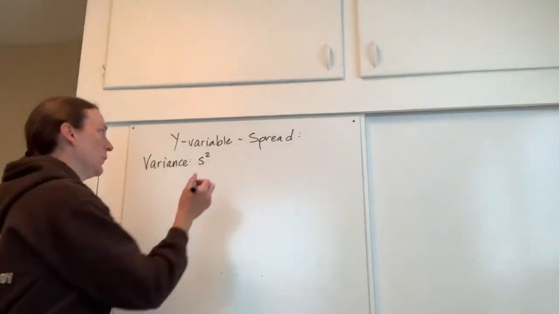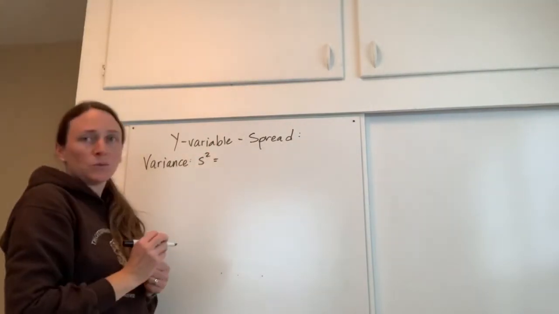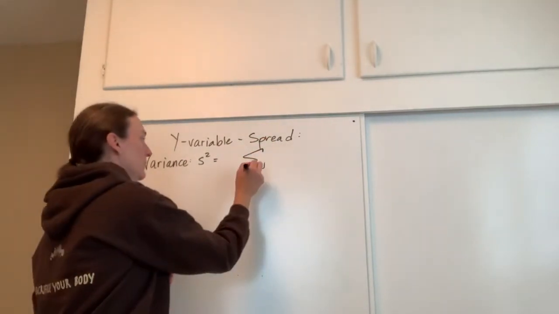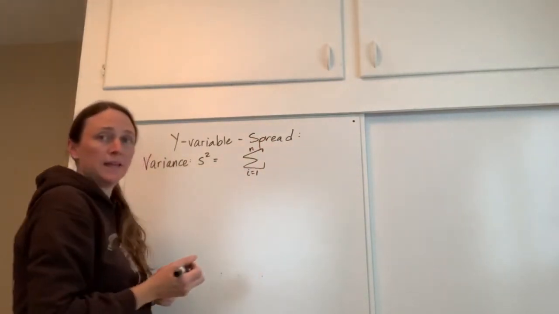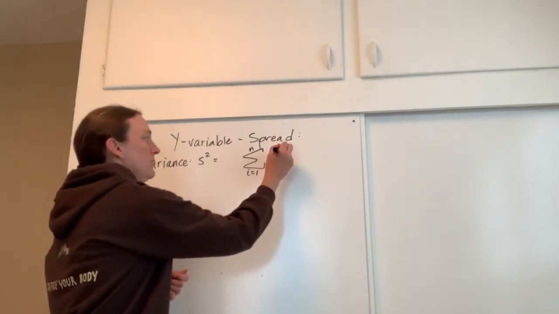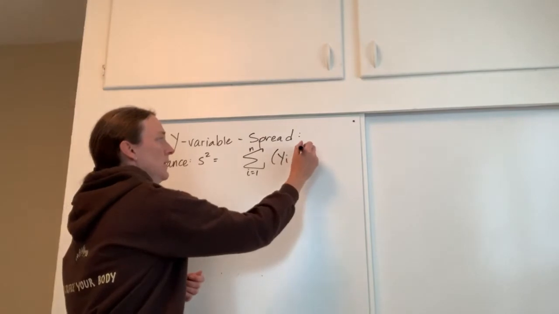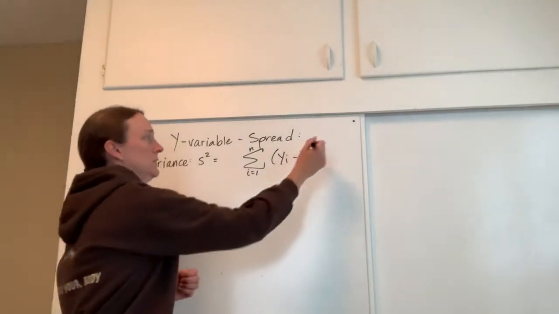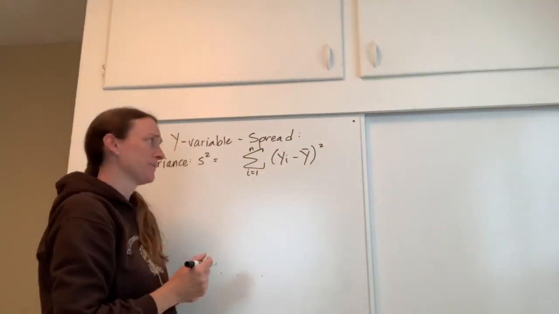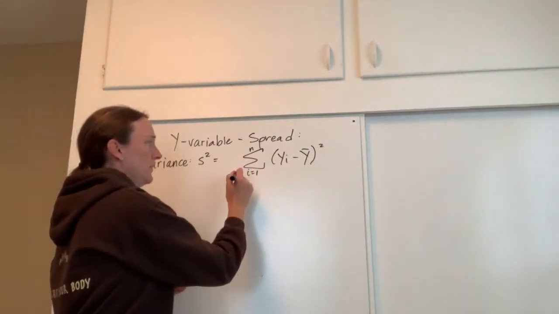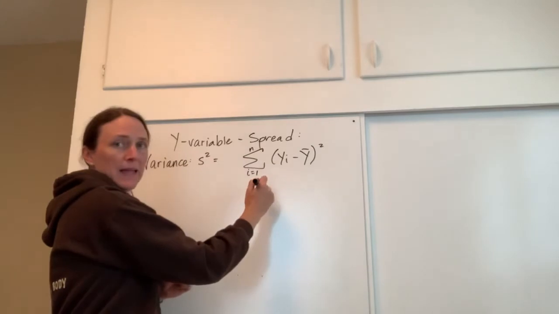Now S squared is equal to the sum from i equals 1 to n of every value y sub i minus the mean, squared. Then you take this whole value and divide by n minus 1.